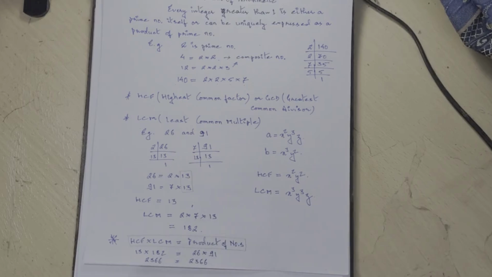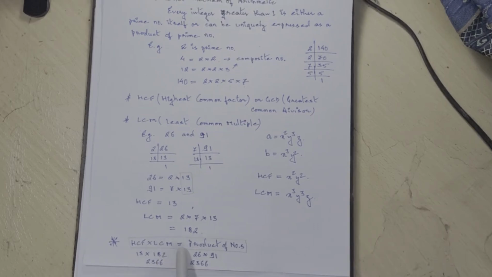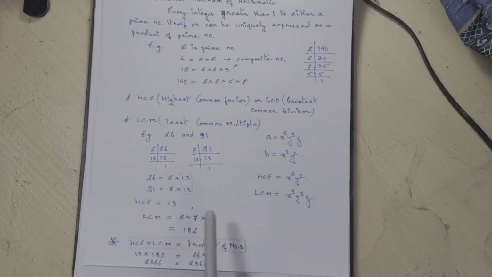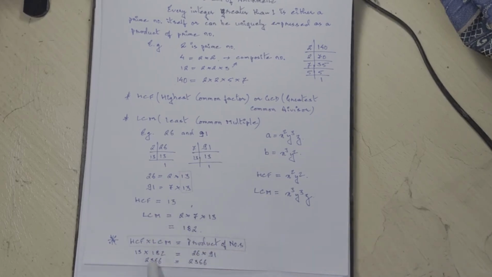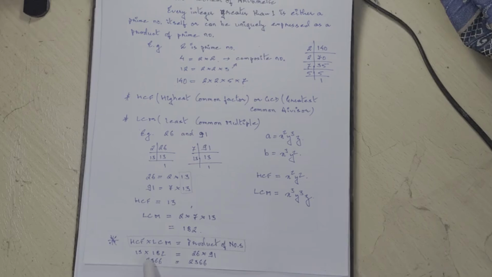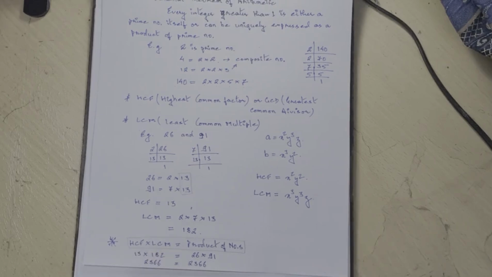Now there's an important relation between the HCF, LCM and the numbers. It is given by HCF into LCM is always equal to the product of the numbers. This is the way of verifying whether the LCM and HCF which you found are correct or not. If they come equal, that means your HCF and LCM are correct.